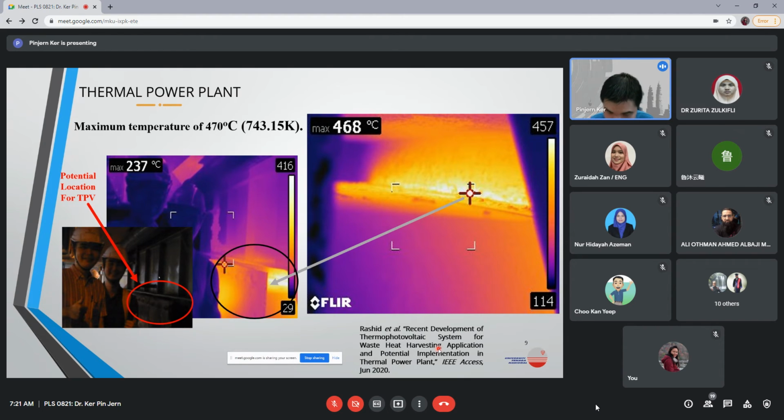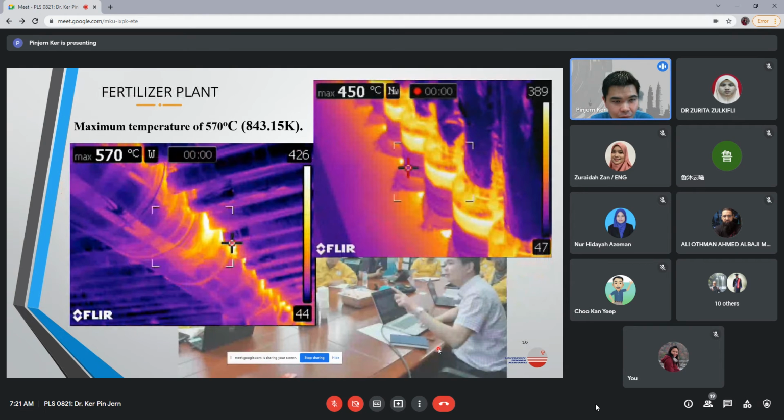We have also done an investigation at a fertilizer plant where they also have a small generation of power. Again, from there, you are looking at about 800 to 900 Kelvin of waste heat temperature. So these are areas that people don't care about.